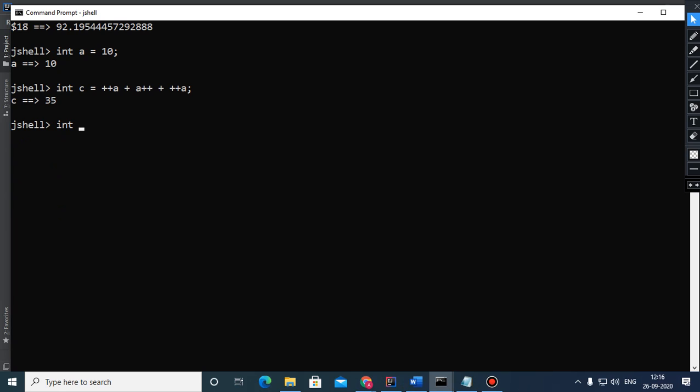Suppose the value of a is 4, the value of b is 6, and here it is a plus plus plus plus plus a plus b plus plus and plus plus plus b. What is the answer?